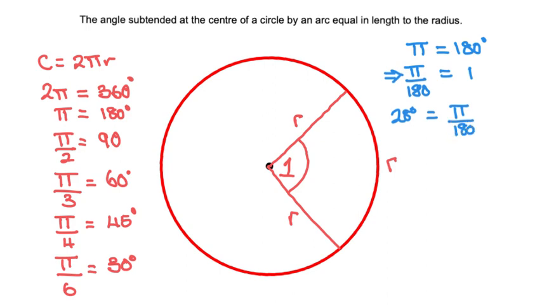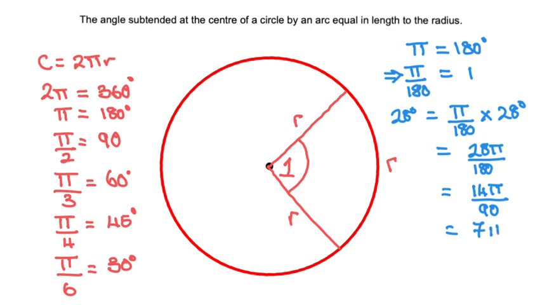times 28 degrees, which is equal to 28 pi over 180, which is equal to 14 pi over 90, which is equal to 7 pi over 45.